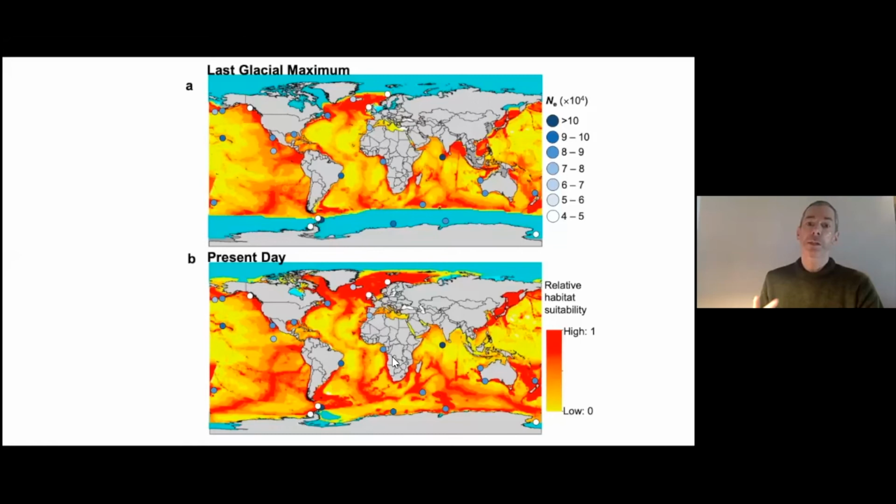So what's surprising, in fact, is that the effective population size is highest in low latitudes. And a lot of these high latitude populations, if I take Norway as an example, have quite low effective population size. But we have literally hundreds of killer whales off the coast of Norway, feeding on a huge resource of the Norwegian spring spawning herring.